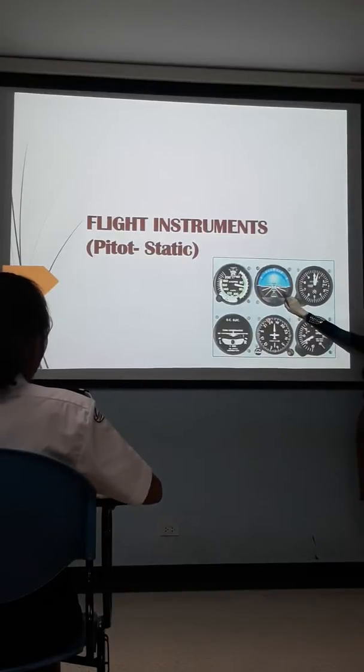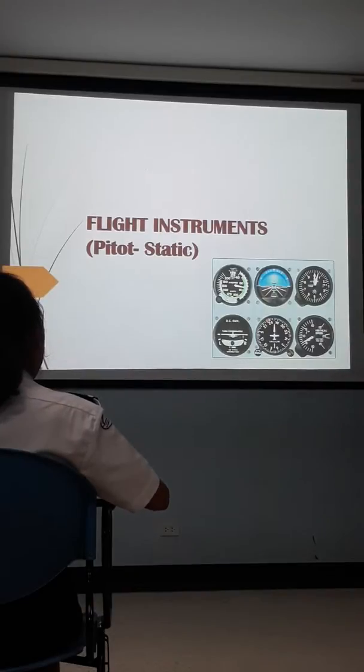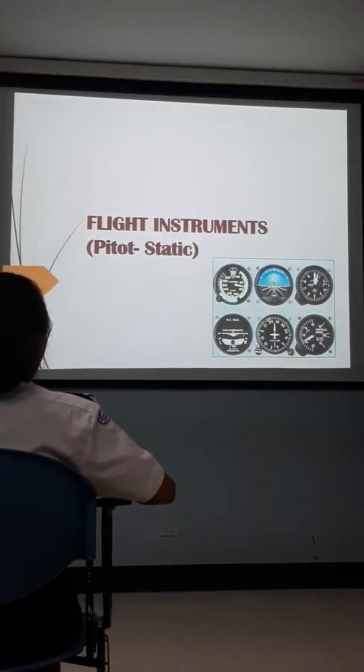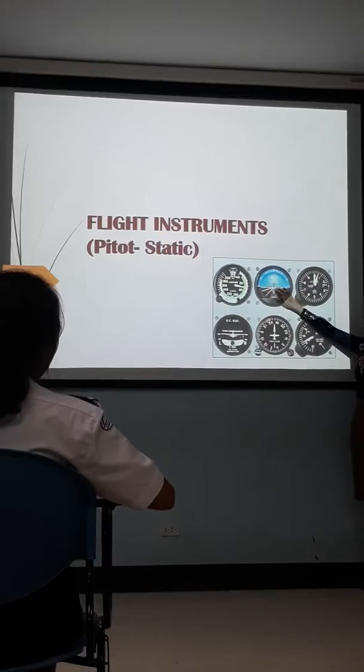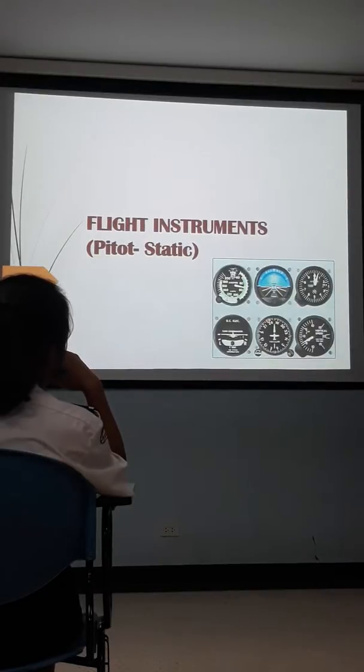But the bottom one can be black, brown, red, orange, whatever. But it does represent the ground. The top one represents the sky, whatever color it is. This one is called the attitude indicator.